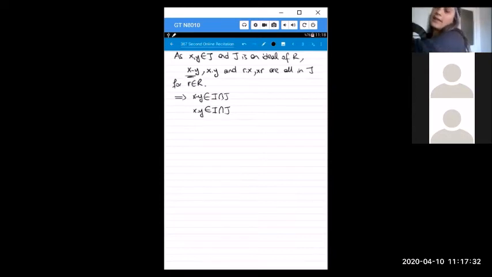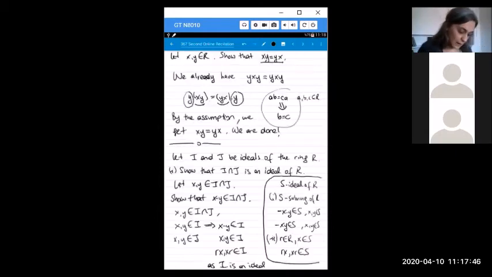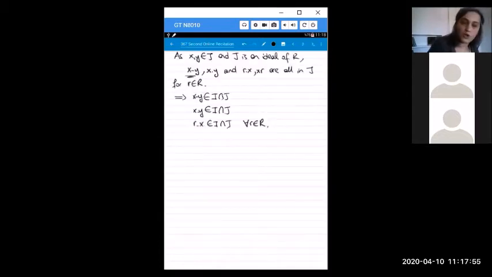And here, r times x is in I intersection J for every r in R, right? So we have shown that for two elements arbitrarily taken from the intersection, and for an arbitrary element r from R, the difference of these two elements lies in the intersection. The multiplication of these two lies in the intersection.